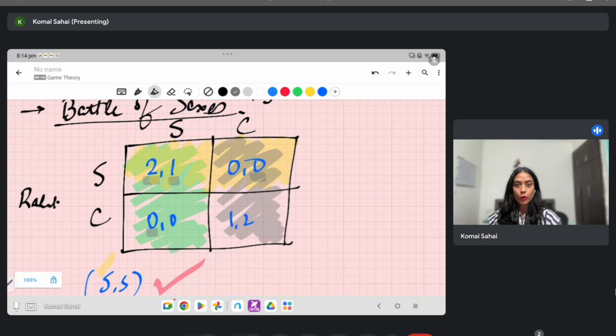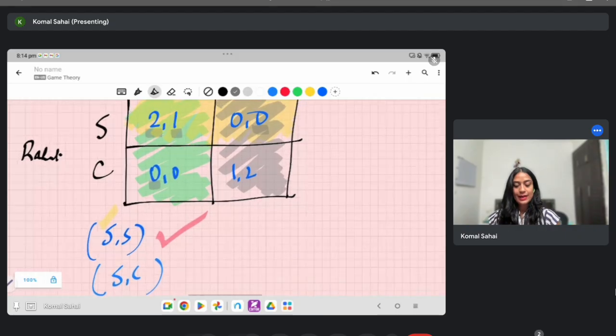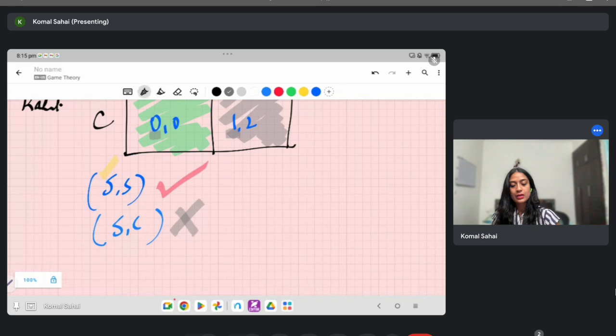If player 1 follows his equilibrium strategy according to this action profile, which is other player is going clubbing, you go to a stand up, then the payoff is 0, right? Whereas deviation will mean a better payoff, right? So it's better that instead of sticking to stand up, if the other player, if Anjali is going clubbing, just go to clubbing, right? That will be better. Okay, so then we found that a single player deviates, not an equilibrium strategy. The same argument will apply, and you will see that C, S is also not an equilibrium strategy.